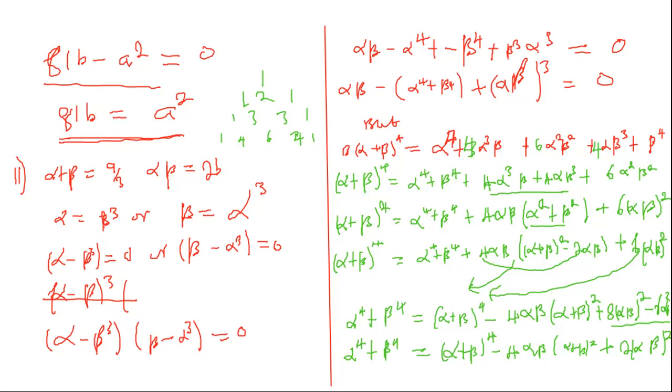So this one is alpha power 4 beta, alpha beta, minus brackets alpha plus beta power 4 minus alpha beta into alpha plus beta squared, alpha beta squared.